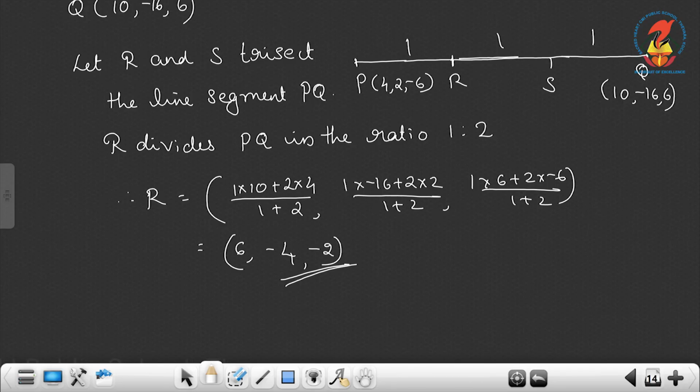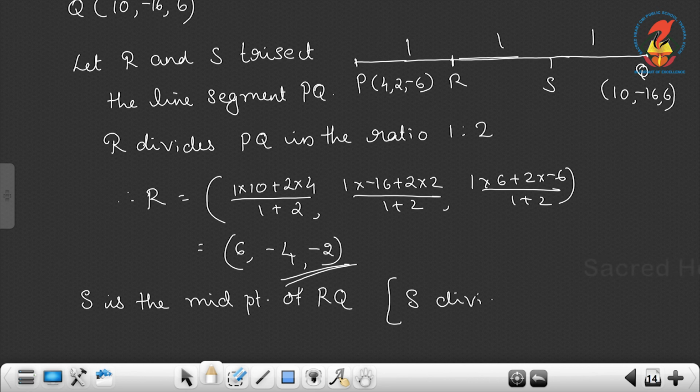Okay. Or you can use section formula. S divides PQ in the ratio 2:1. That method also possible. Okay. Here S is the midpoint of RQ.